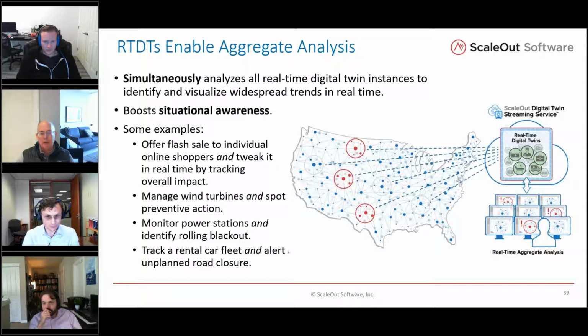That is an example. For wind turbines, you can spot whether or not more than one turbine is failing. Maybe there was a storm and it's caused multiple turbines to need repair, have cracks, whatever the problem might be. And so you can look at group behavior with aggregate analysis. We'll see this example, hopefully, of monitoring these nodes in a power grid, not for a rolling blackout, but to detect strategic intrusion into that grid.